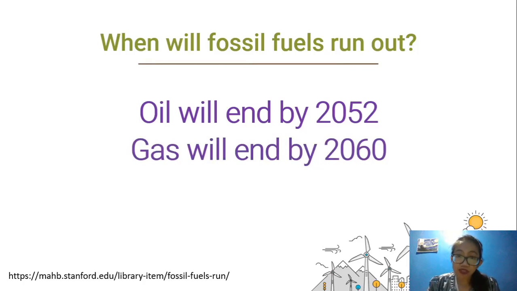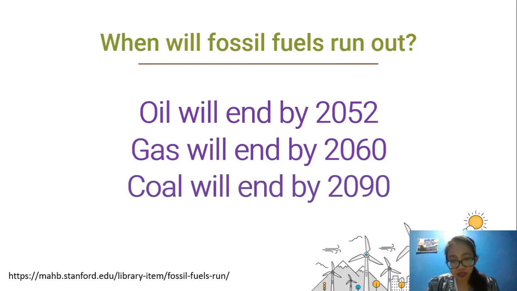Gas will end by 2060, and coal will end by 2090. This is not just some random speculation I found on the internet. This is from a blog site run by Stanford University, so quite reliable. But even if these dates are not exact, we know that within our century, the fossil fuels will eventually run out, and it's time to look for alternative sources.